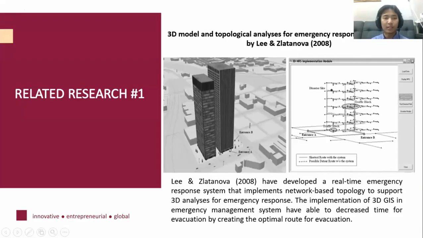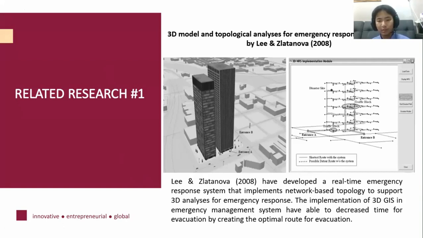This is the related research for this study. The first related research is 3D model and topological analysis for emergency response in urban areas by Lee and Zlatanova in 2008. In this study, Lee and Zlatanova developed a real-time emergency response system that implements network-based topology to support 3D analysis for emergency response.